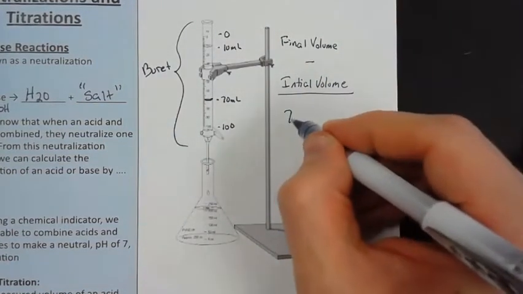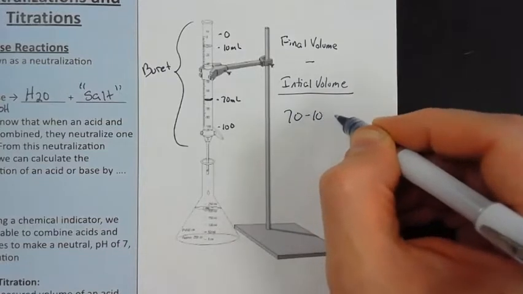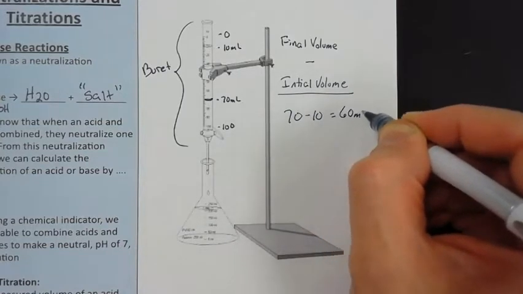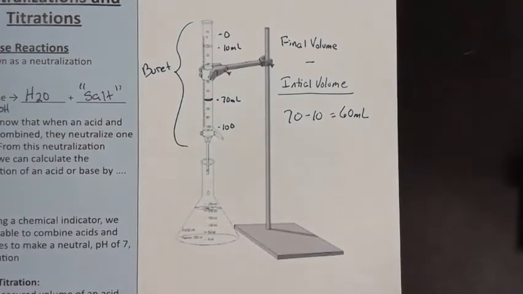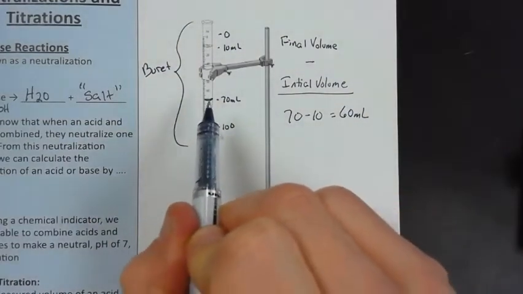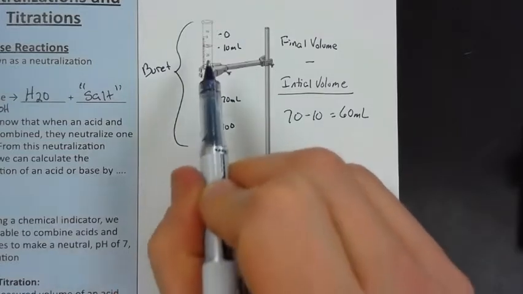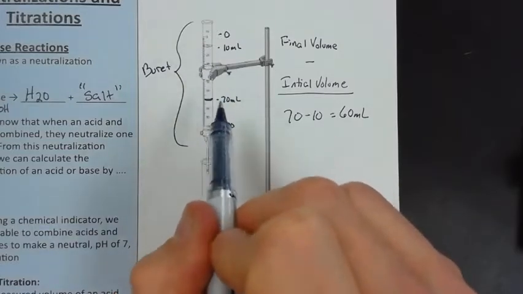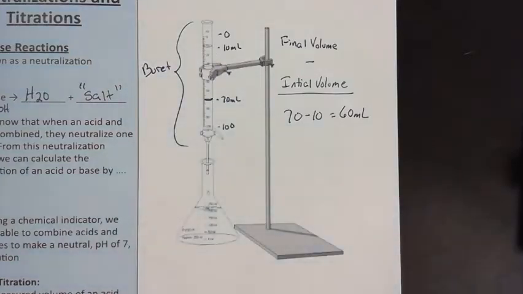Okay, so that would mean 70 minus our initial volume of 10 means that 60 milliliters is dispensed. So that's why we always do final minus initial. So that's why our larger numbers are always at the bottom. You start small, you end large, and then the difference is the positive value that you dispensed through the burette.